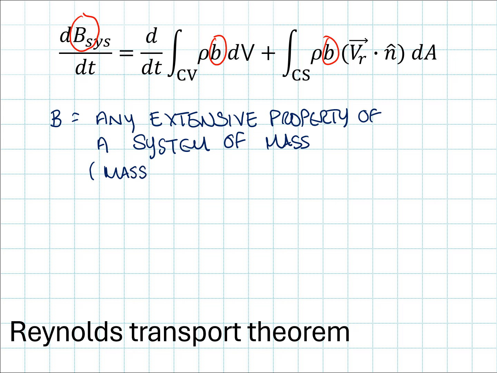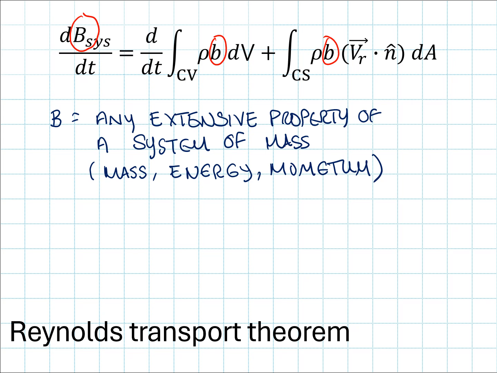So if you had a system of mass and then you split that system into two systems of mass, each with 1/2 of the mass of the original, then clearly the mass, the energy, and the momentum of those two systems is going to be different than that of the original system. So that's what makes mass, energy, and momentum extensive properties, because they depend on the extent of the system.